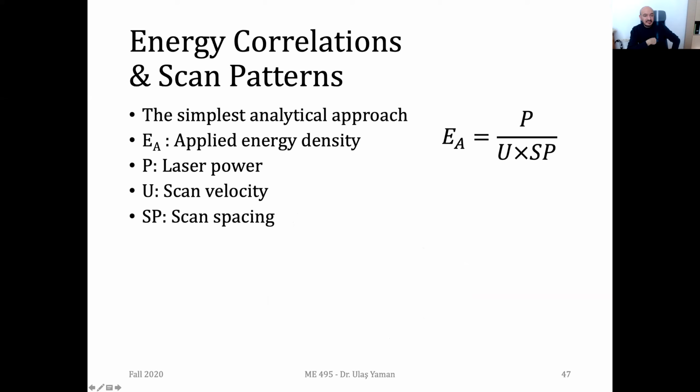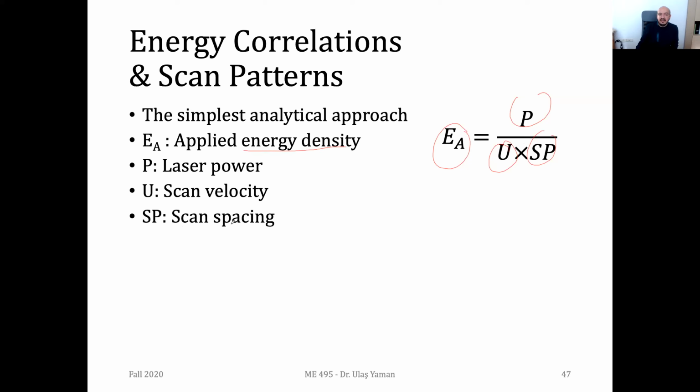And we have a very simple relationship, as you see, in terms of applied energy density and power, scan velocity, and scan spacing. And we can say that simply, if you increase laser power, then obviously the density of the applied energy will be increased. But on the other hand, if you scan faster, then you will be decreasing the amount of applied energy.